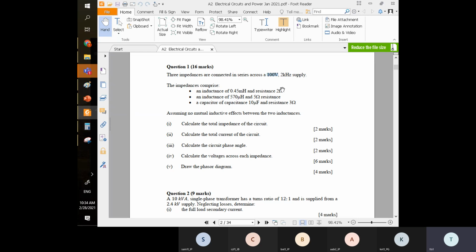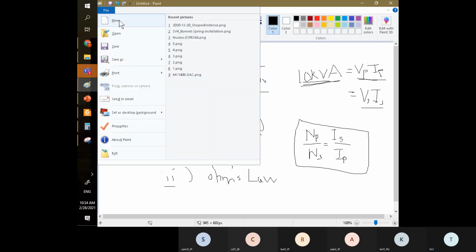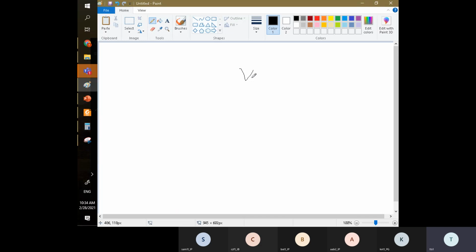Because if you want to write VPeak, this is not how you should write it. To indicate something in VPeak, we should write the voltage like this: 100 Vm sine, for example 2t.